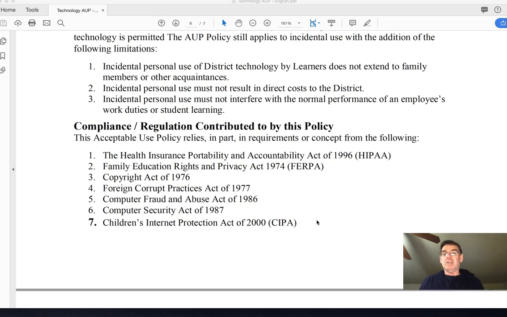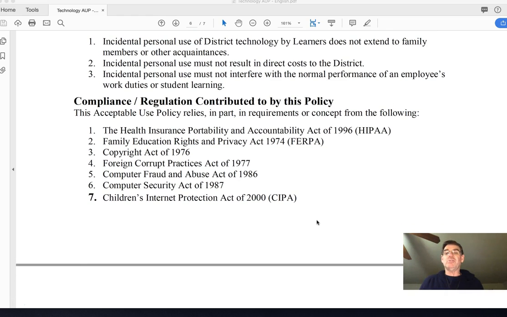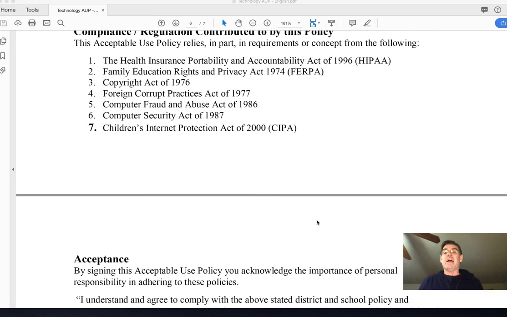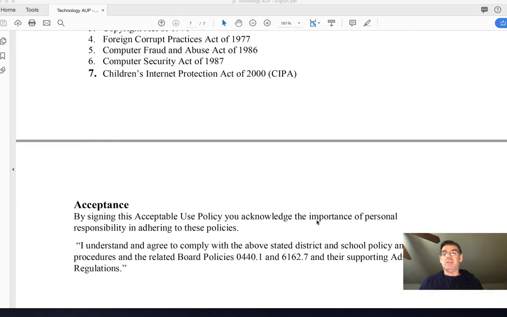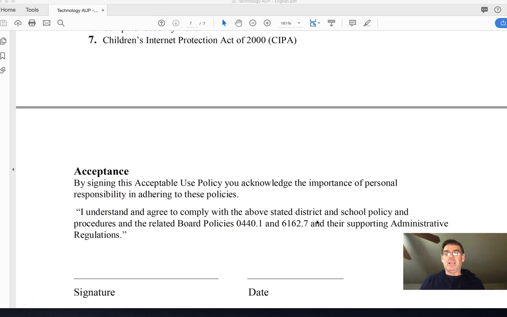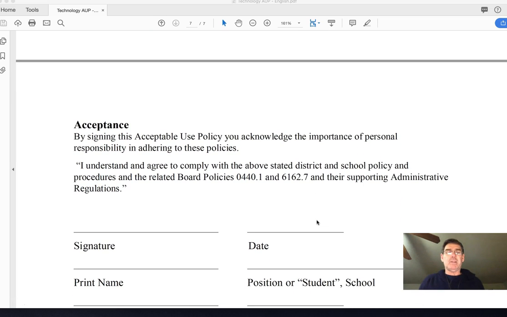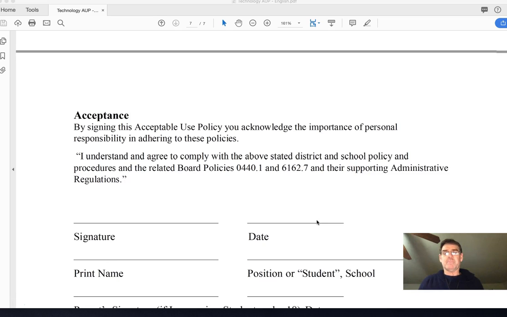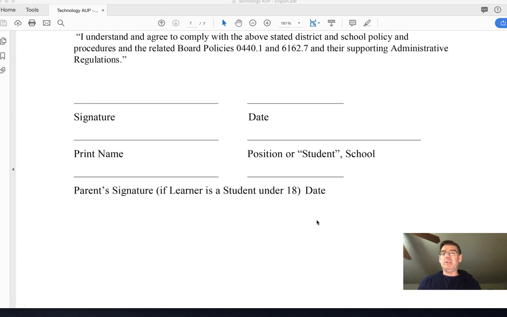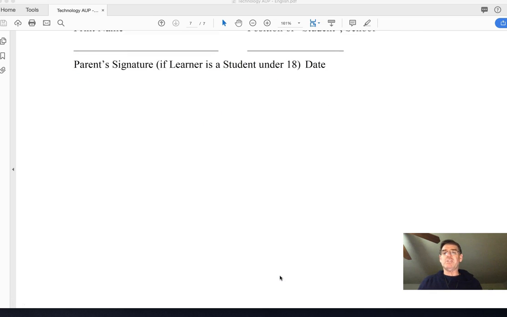There are state and federal laws that regulate the use of technology, and having an acceptable use policy is a state education decision, and it's something that's mandatory by the school district. So here's where you sign your agreement, and your parents are made aware of this agreement.